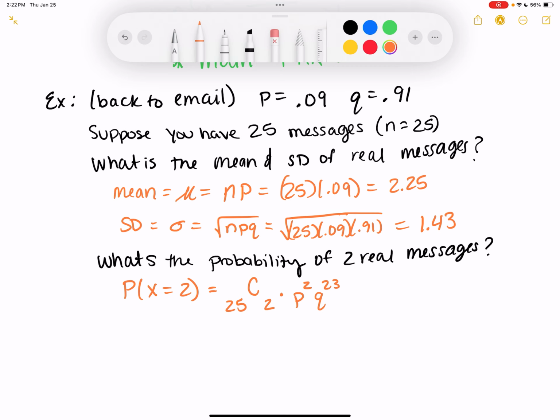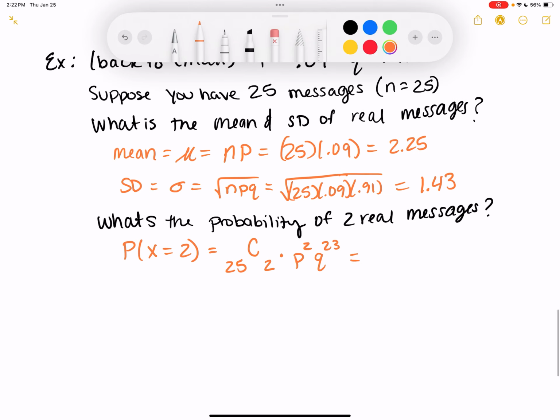Now, let's say you didn't have your calculator and you wanted to write this. Instead, we could also write this as 25 factorial over 2 factorial, 23 factorial, times 0.09 squared times 0.91 to the 23.